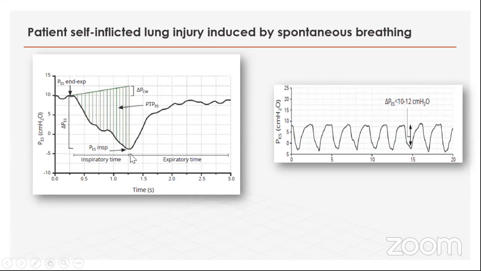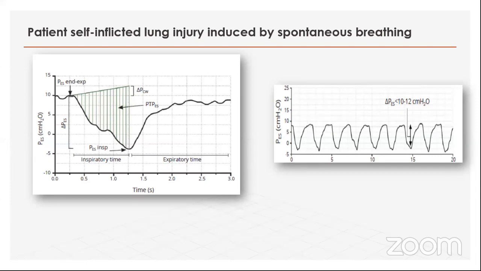When this swing becomes larger, the esophageal pressure becomes more negative on inspiration. When it is more negative, the transpulmonary pressure swings become high. This will lead to more collapse. When the esophageal pressure is negative, the lung will get collapsed.